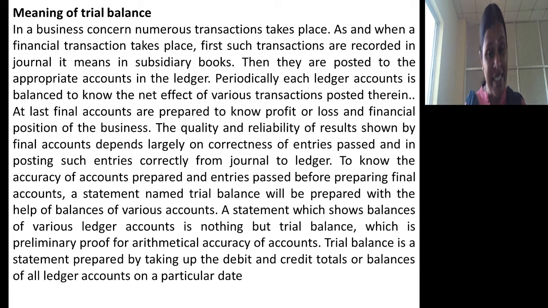So instead of preparing final accounts directly, we can know the accuracy of accounts prepared and entries we passed by preparing a statement known as trial balance. So before preparing final accounts, we prepare a statement to check the accuracy of accounts. That statement is known as trial balance.